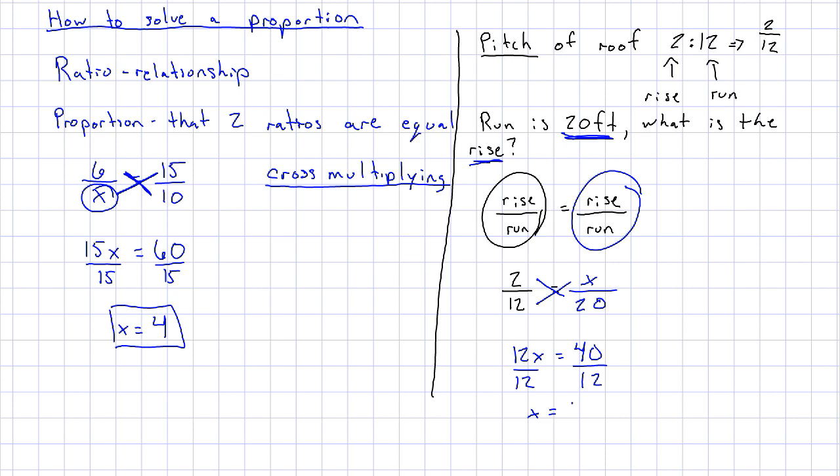That's going to be 3.3 feet. So this should be our rise. The 3.3, you could also write that as a third. When I put it into my calculator, I get that repeating decimal. So the rise for this particular roof, for the roof that is 20 feet, should be 3.3 feet.